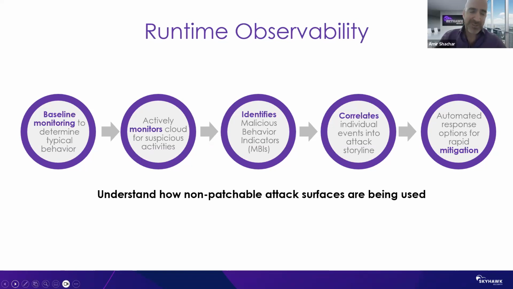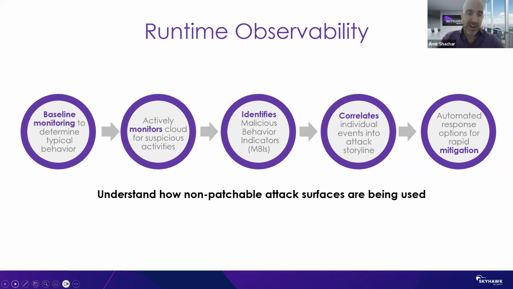And then on top of that, we correlate the different MBIs into an attack story that tells the whole story of what really went bad or suspicious in the events that took place.